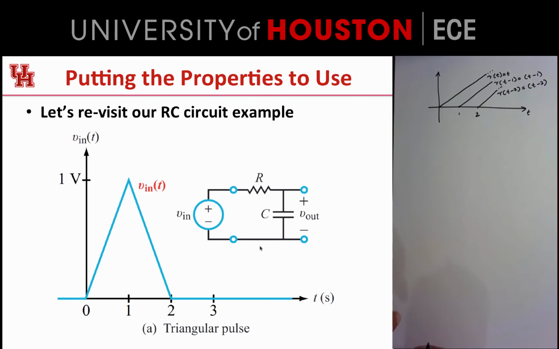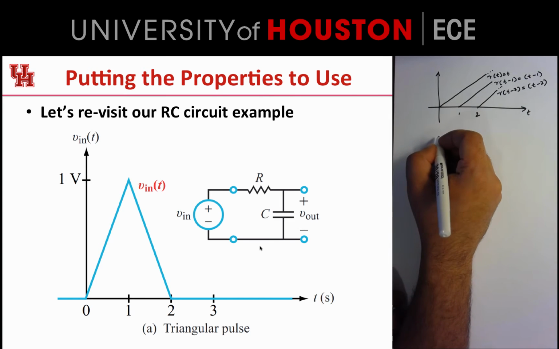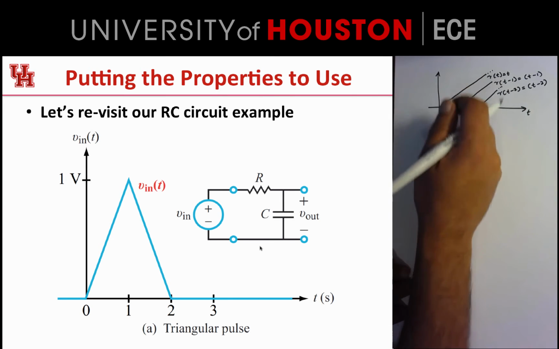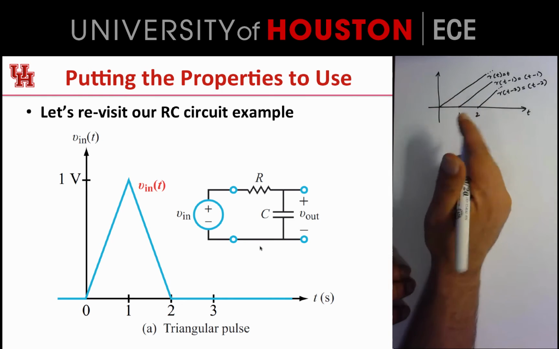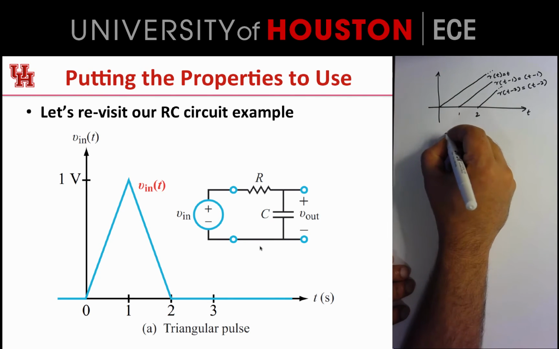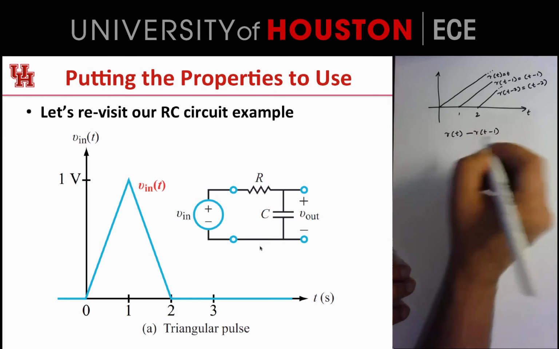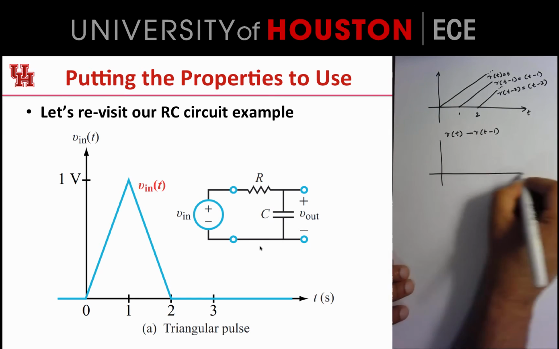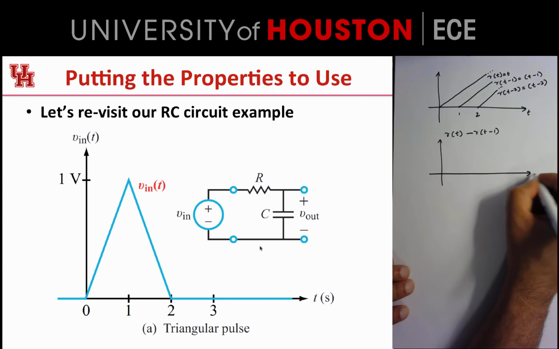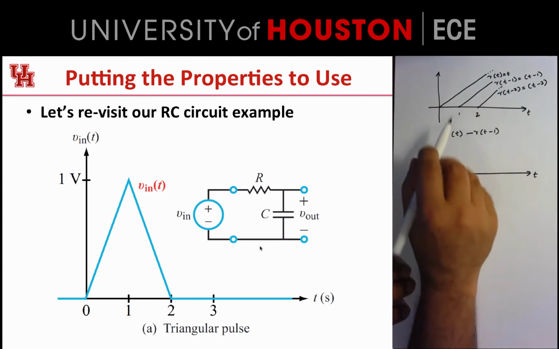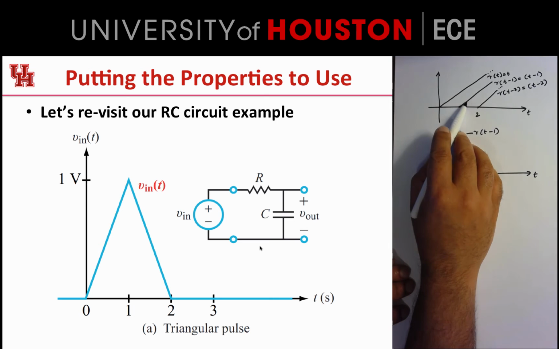Now let's think a little bit about what happens when you subtract these ramps from each other. So suppose I were to do r of t minus r of t minus 1. Let's see what happens. This is time t. I'm going to subtract this guy from this guy.